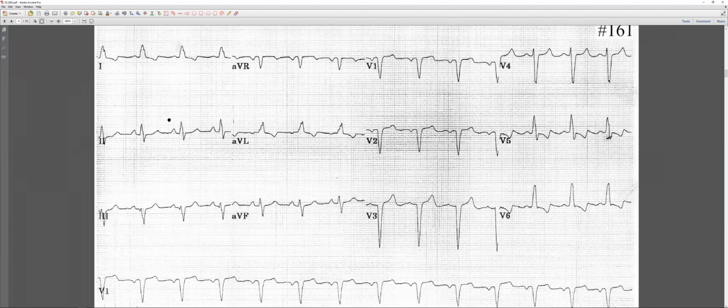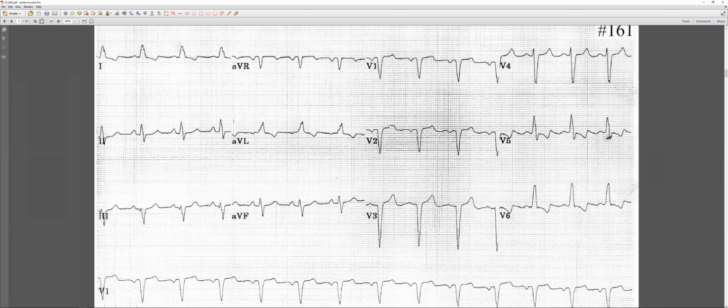In right bundle branch block, we should see M-shaped QRS complexes, I think. Where? In the anterior leads V1, V2, V3. The left ventricle depolarizes normally, but then the wave of depolarization propagates through the myocardium to the right ventricle instead of the conduction bundles.